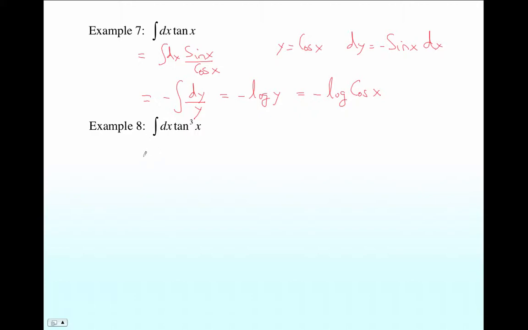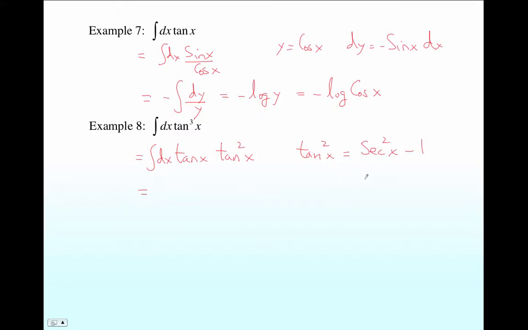Here we shall write this, suggestively, as the integral of tan x times tan squared x. Tan squared x I'm going to write as sec squared x minus 1.